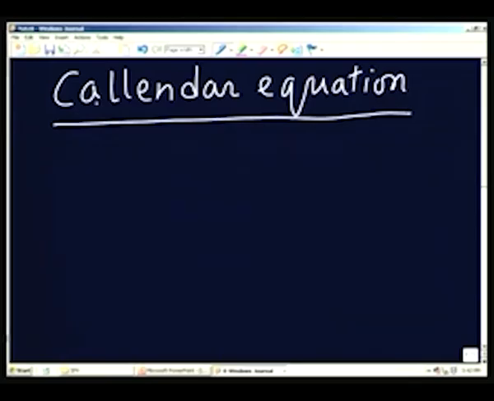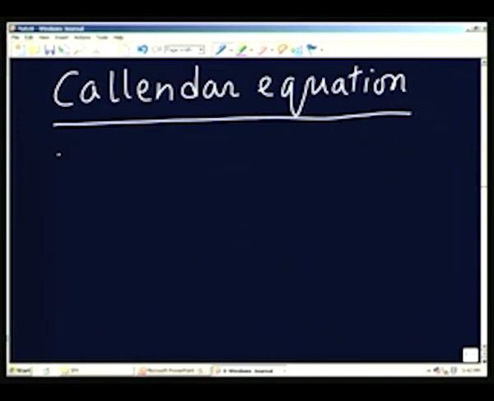This is the name of the person. Callendar was a scientist who worked with platinum resistance thermometers in the early days of its development, and essentially the Callendar equation is based on his recommendations and understanding of what was going on.